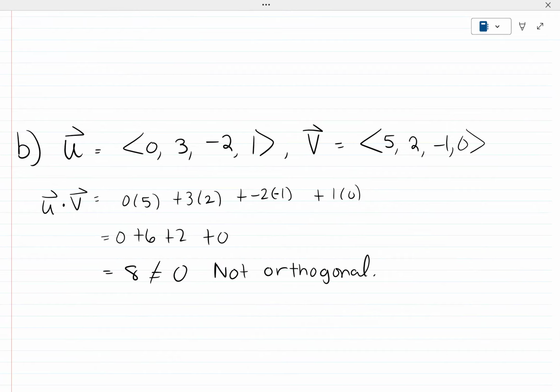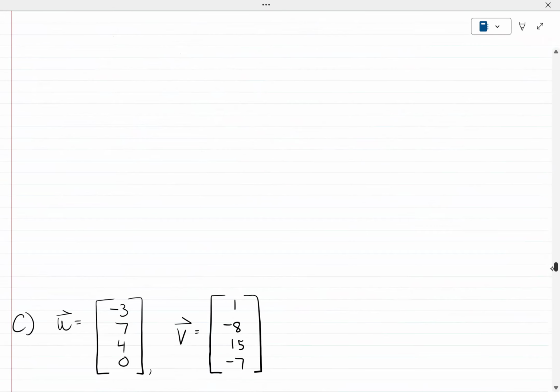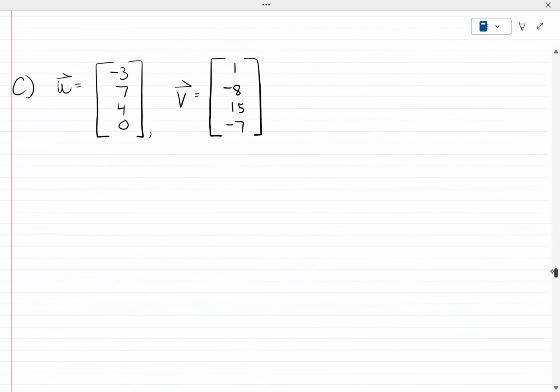Okay, let's move on to C. Vector u is this, and vector v is that. Are these orthogonal or perpendicular? Let's multiply out the two vectors.